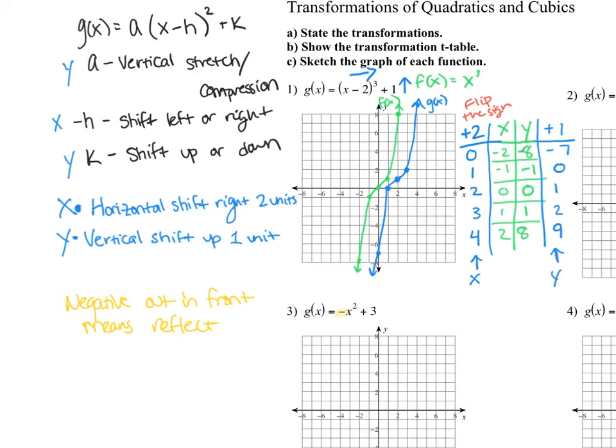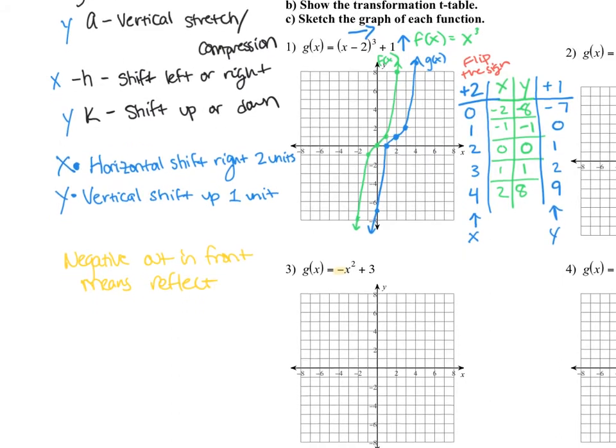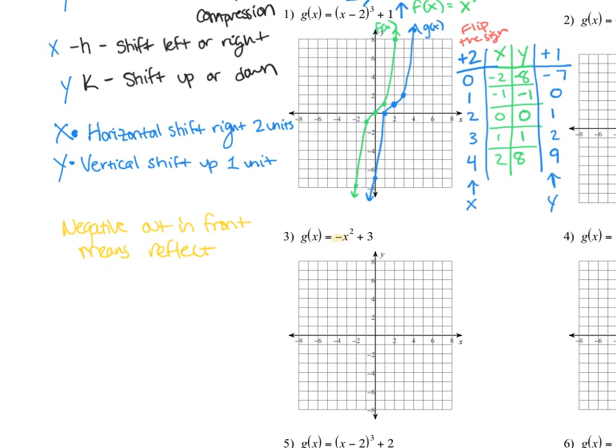So when we list the transformations, we can say, well, the first thing that's going on here is we're going to reflect over the x-axis. And the next thing I see is that +3 on the outside.